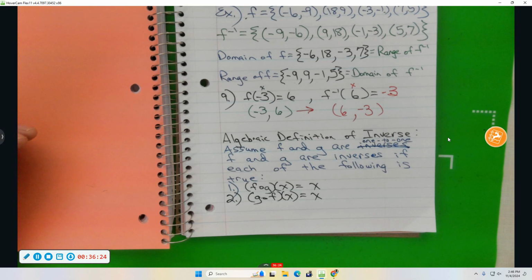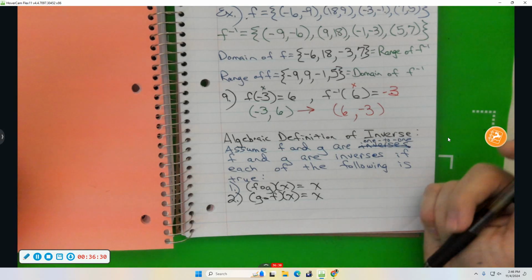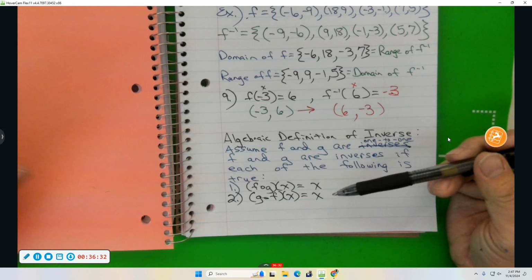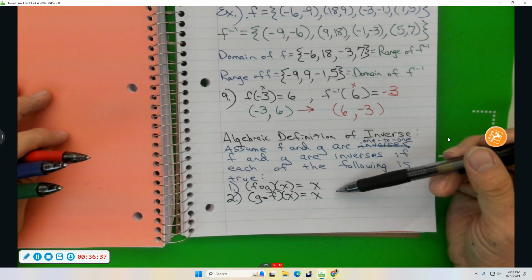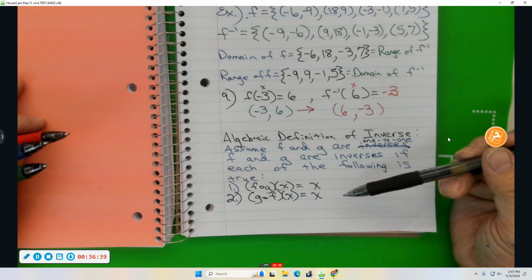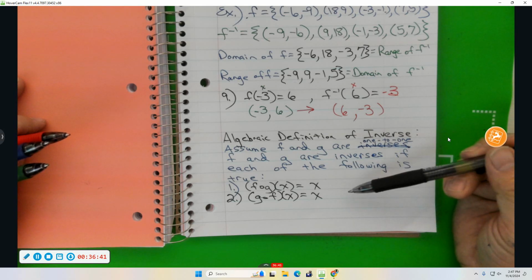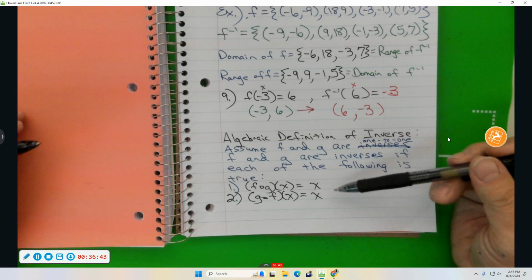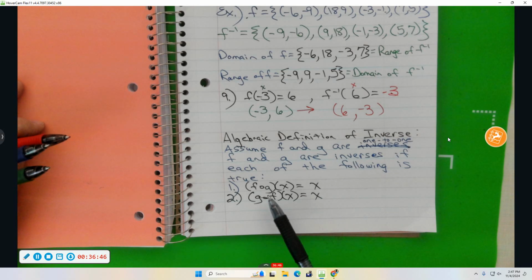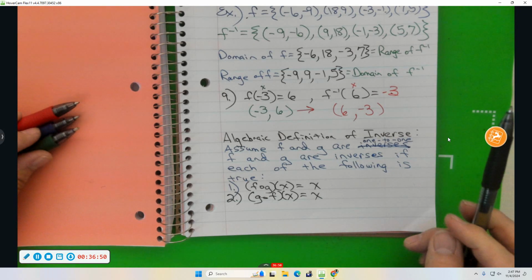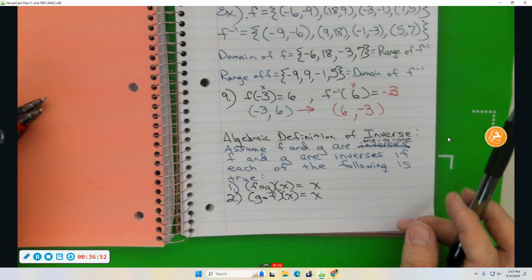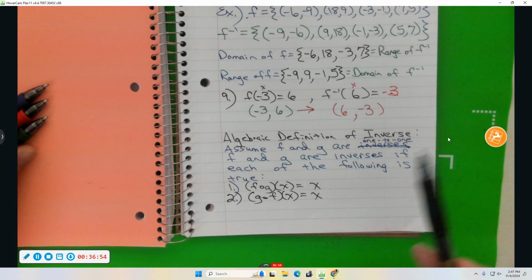I recall some problems 1 week ago when we were looking at composition of functions, and we went through and found the compositions, and in those problems, everything except for x canceled out. And I said they're trying to get you ready for the definition of inverse. That's what this thing is stating here. This is true for algebraic equations.